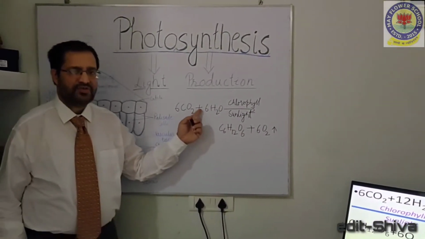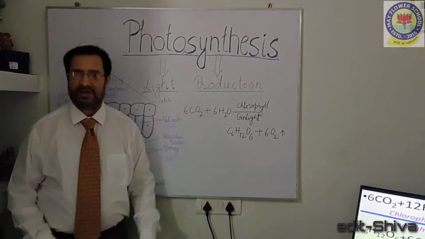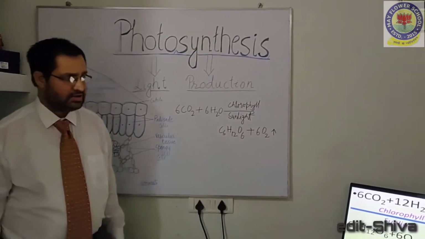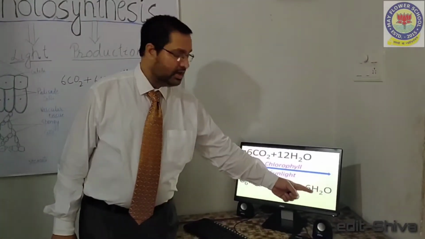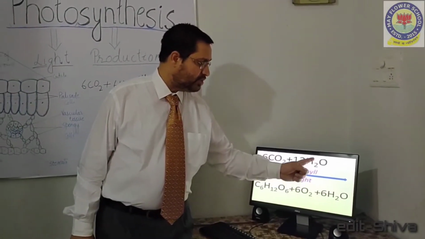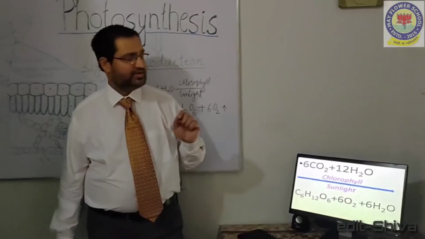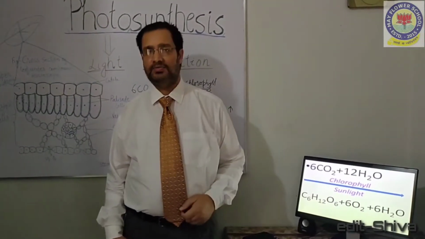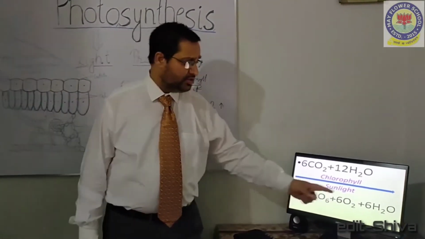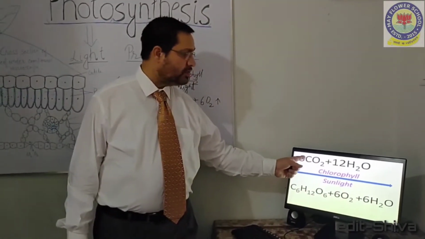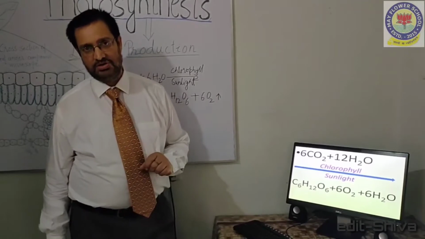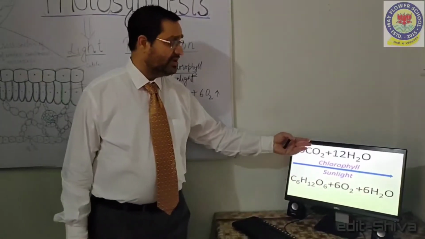But this equation is technically not correct, because the water molecule which is produced is entirely different from the water molecules which are used as raw material. Actually, this water molecule is produced by breaking down of carbon dioxide molecule. So this equation is correct.